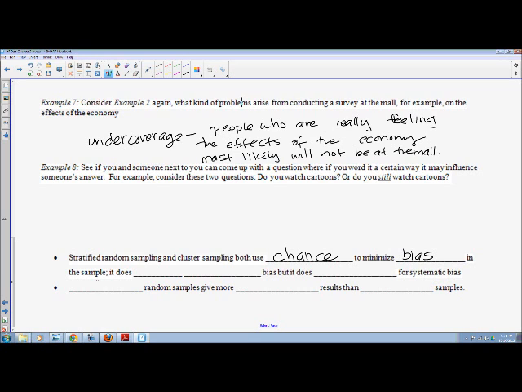It does not eliminate bias, but it does control for systematic bias. And the larger random samples give more accurate results than smaller samples.